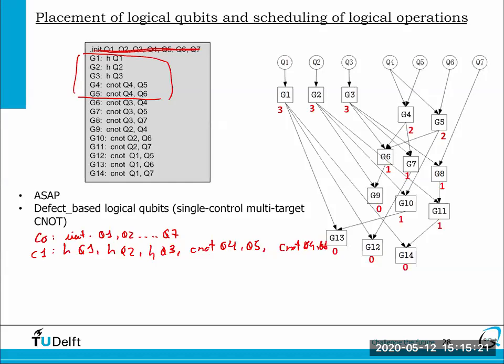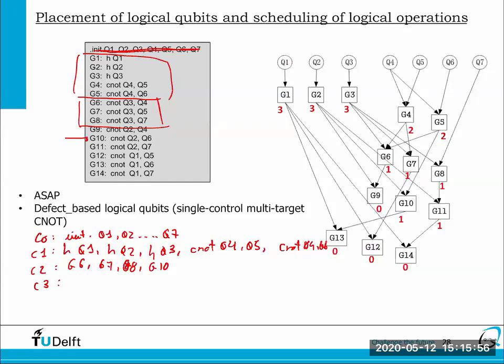In cycle 2, is it 6, 7, 8, and 10? Yeah, I'm going to put it like that because it's easier. 6, 7, 8, these 3, right? And this one, because there is G8 and G10.